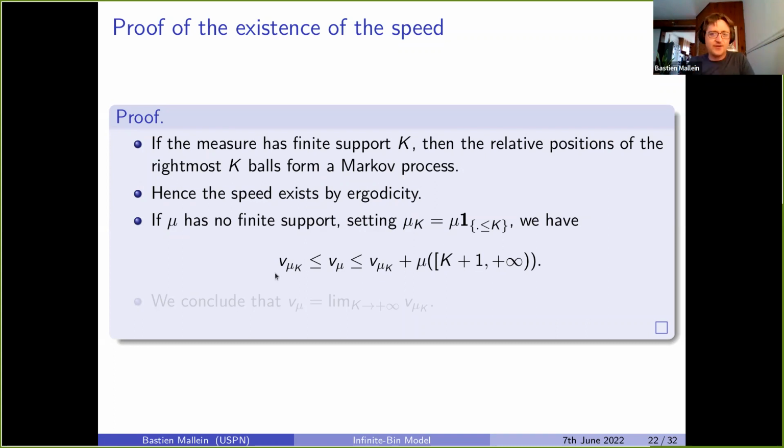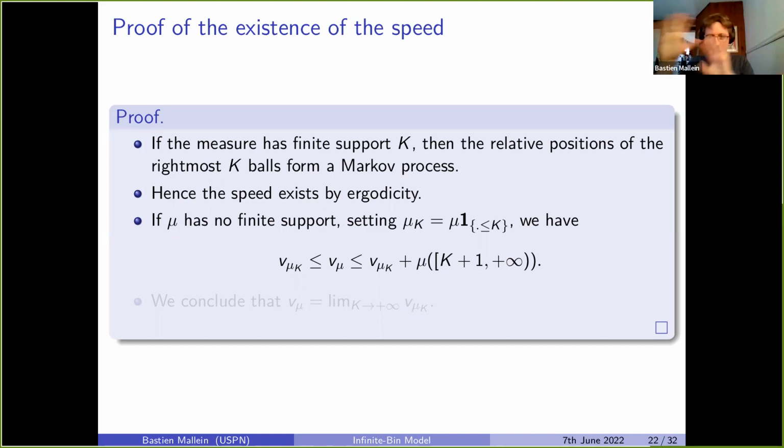So v mu_k, I know that it exists. And now I need to get an upper bound. I need to find a way to guarantee that when I add a new ball, I go slower than something that I can control. To get an upper bound, you just do the stupidest thing possible. For your upper bound system, if you ask me to add a ball to the bin of index k, what I will do is shift my full configuration by 1.